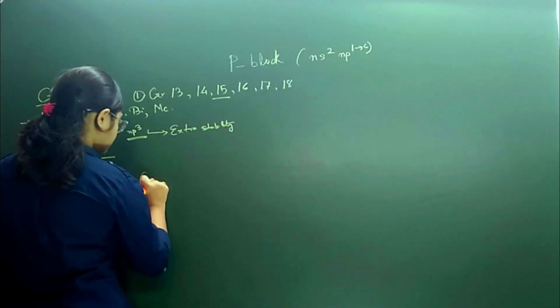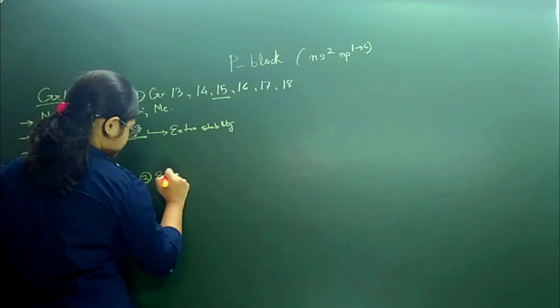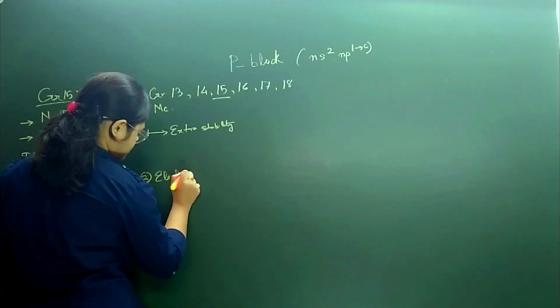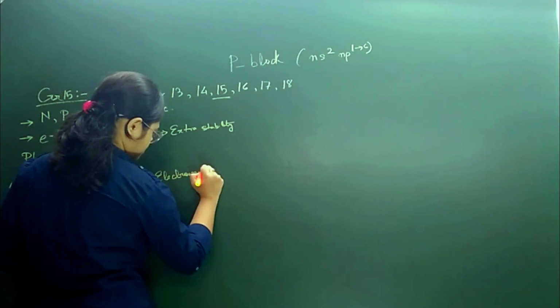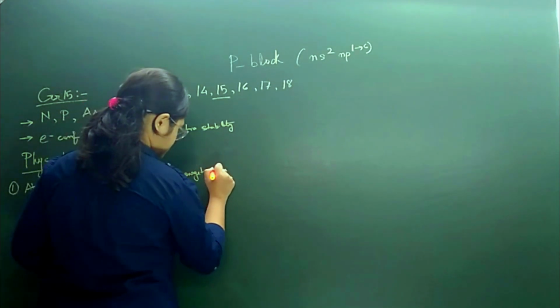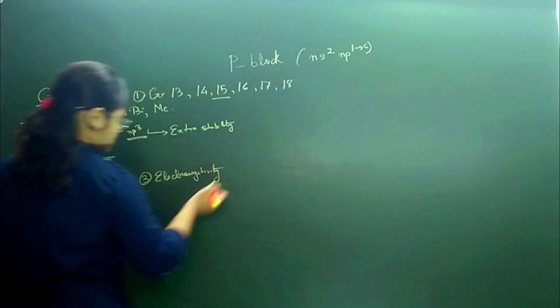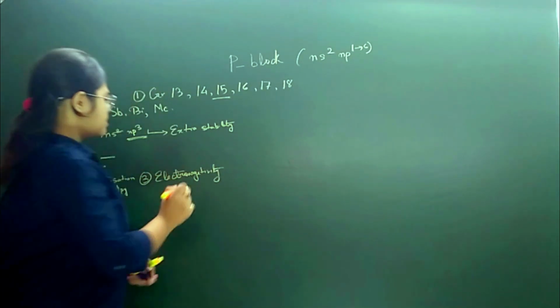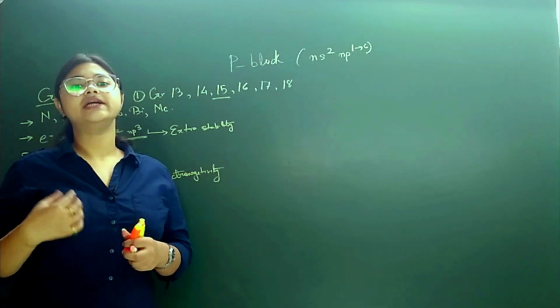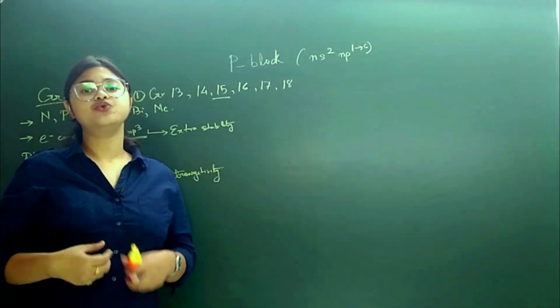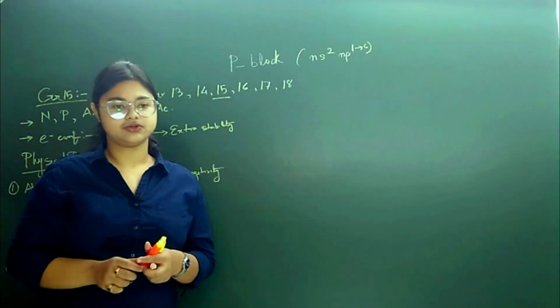Then the third point is electronegativity. Electronegativity is the ability of an atom to attract the shared pair of electrons.